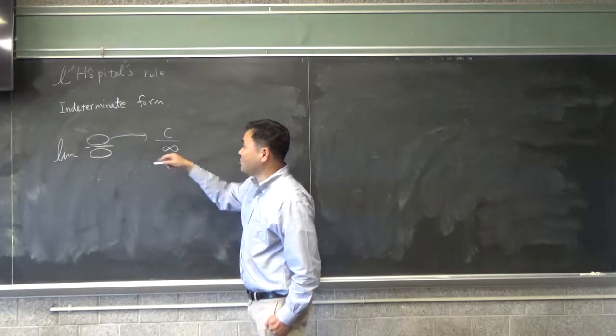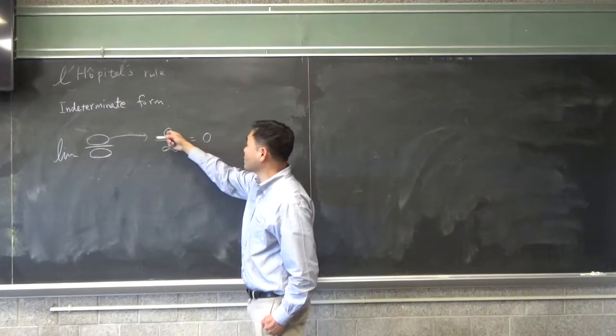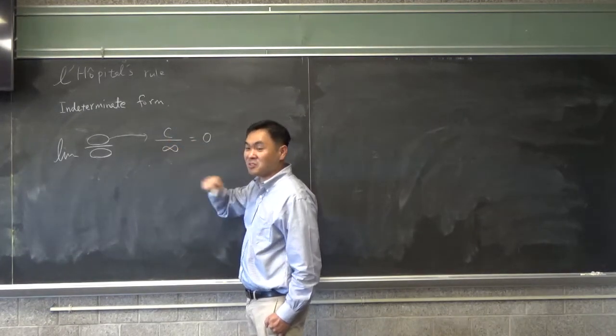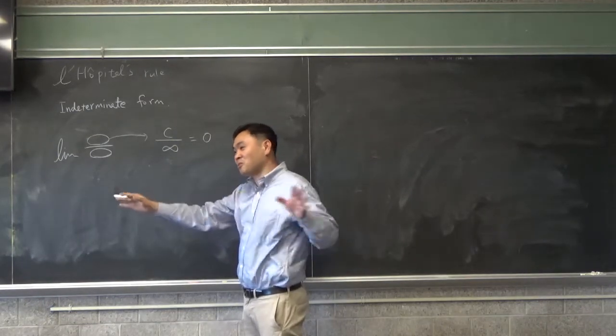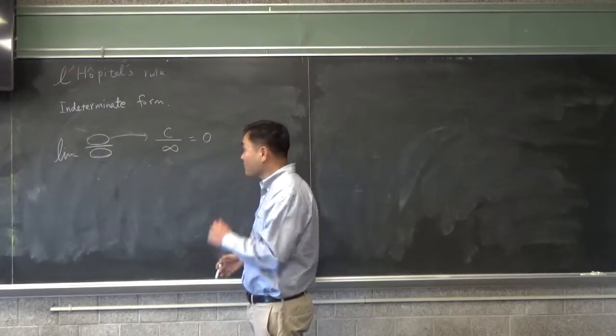What will be the limit of this? Zero, because you have a constant value divided among an infinitely growing number of people. You have finite resources and an infinitely growing number of people, then everyone gets zero.